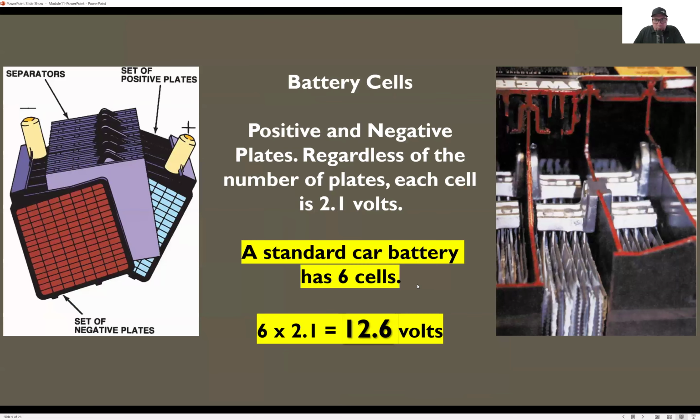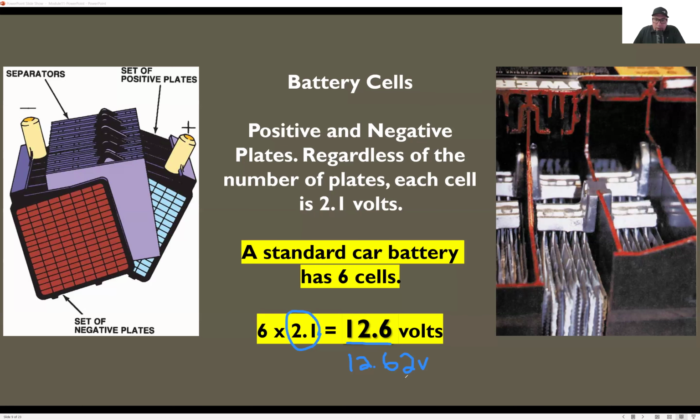Now, let's be a little bit more exact on the voltage of the plates. They're exactly 2.1 volts. Okay, so we're going to be a little more exact now. So batteries are not 12 volts, but they are in fact 12.6. They are not 12.5. They are not 12.7. They are 12.6. If we want to be even more exact, they are 12.62. Okay, but we don't have to go out to that second decimal place, but they are 12.6 volts.